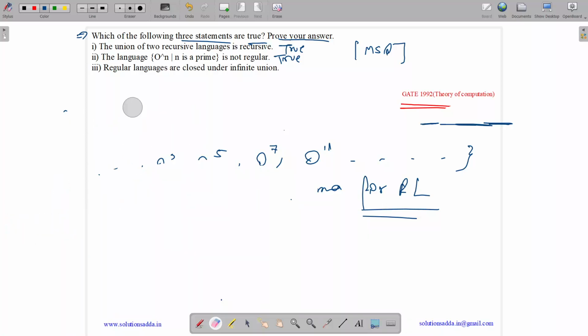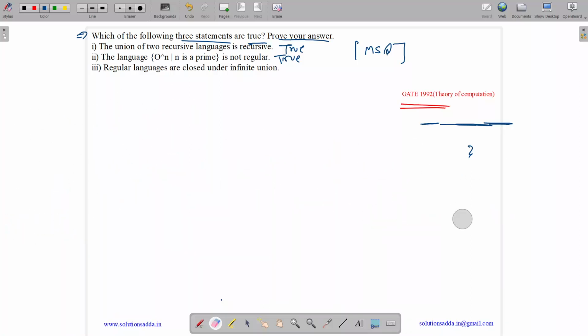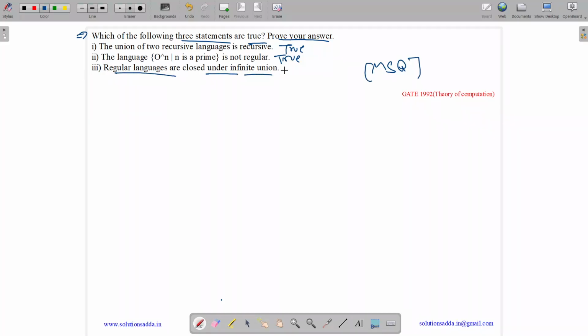Let us see option C. Option C says regular languages are closed under infinite union. So are regular languages closed under finite union or not? Let us suppose we have regular language R1 which accepts a square, R2 which accepts a^4, R3 which accepts a^5.